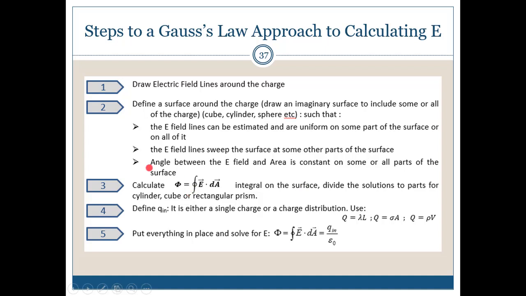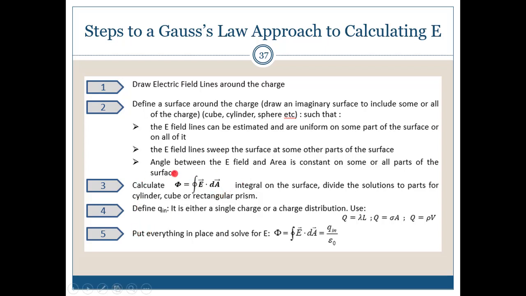On the other parts of the surface, we would want to have an E field that is perpendicular to the surface, meaning E field being parallel to the area vector. So we have an E times dA times cosine 0 here. So that's the criteria we're going to use to pick our Gaussian surfaces.